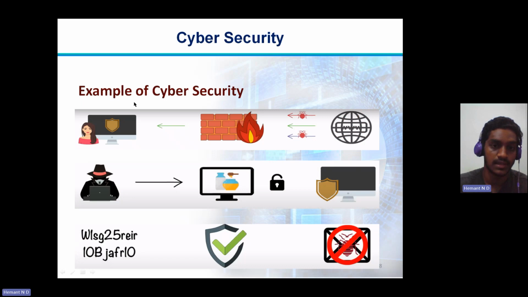Now moving back into cybersecurity, with an example you'll understand what cybersecurity is. Taking the example of Anne here again, in the other case, she wasn't protected with any cybersecurity methods to protect her computer earlier.